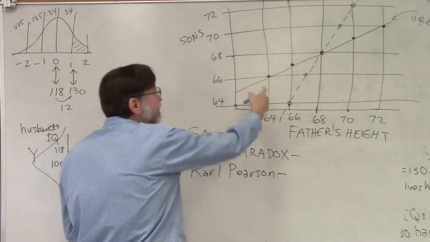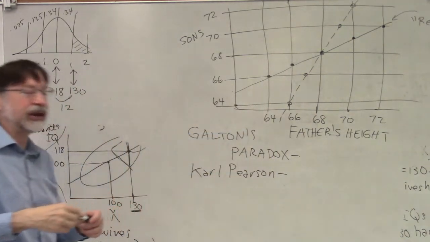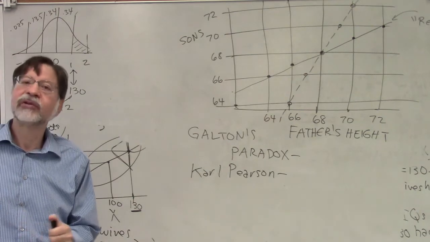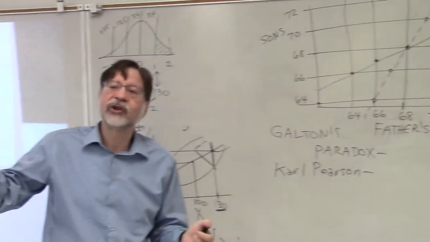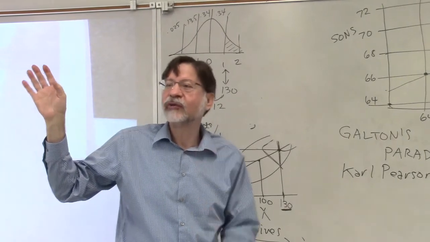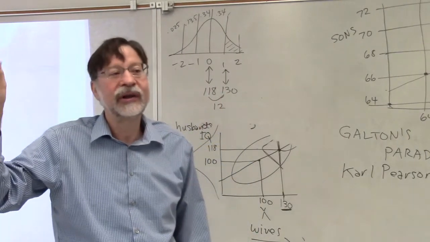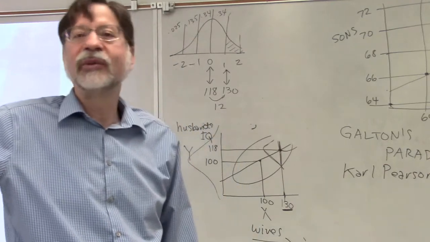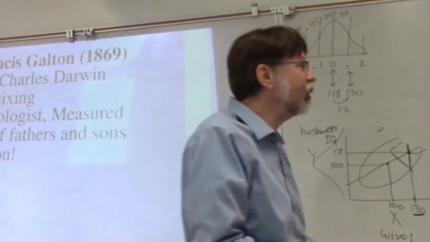And he used the relationship between these two lines to calculate what we now call the Pearson product moment correlation coefficient that you've already learned. So the equation we have for the correlation coefficient, you multiply the z-scores together, that's called the Pearson product moment correlation. That's the product of moments.